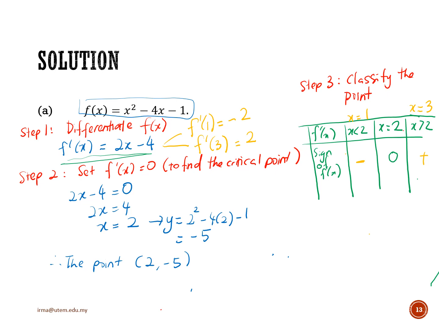From this table you can see that when x is less than 2, you have the negative sign, so this is the negative slope, and when it's greater than 2, you have the positive slope. Therefore we can write the conclusion: it's a minimum point.